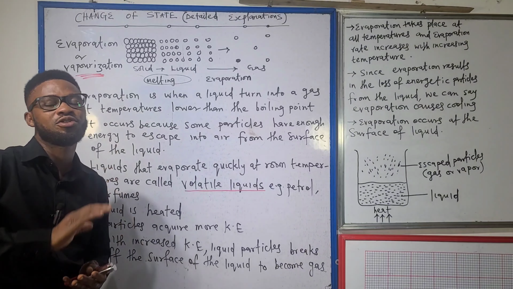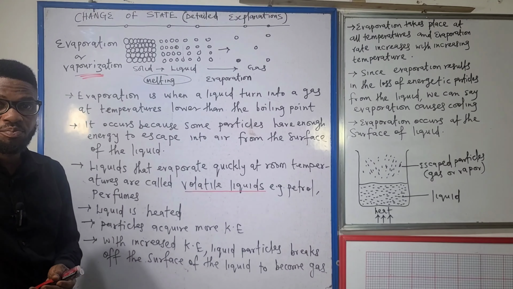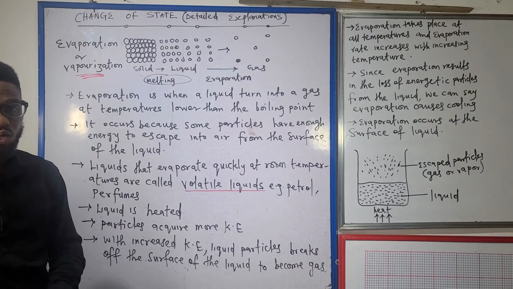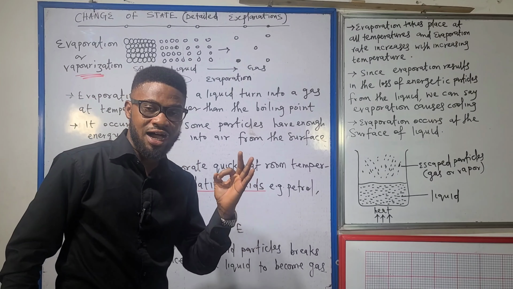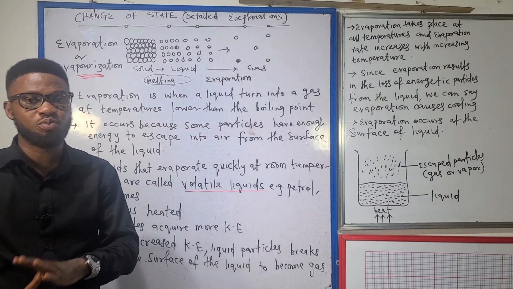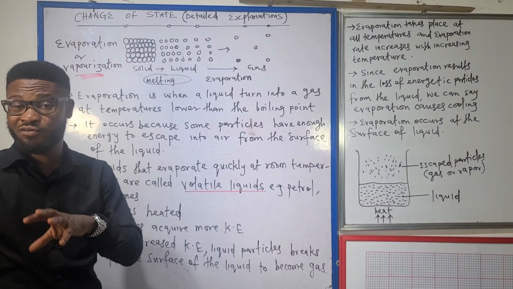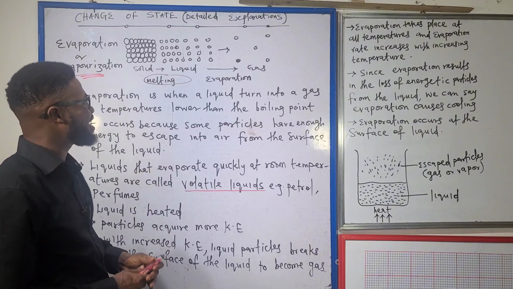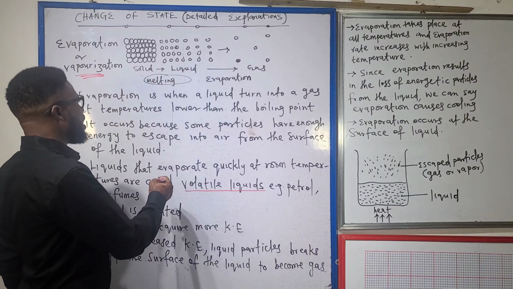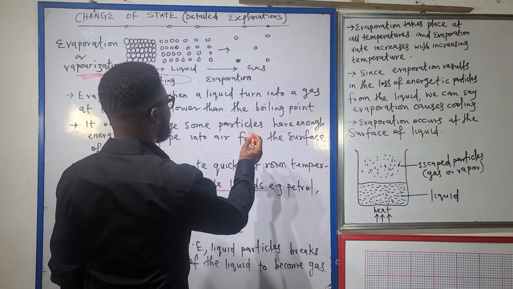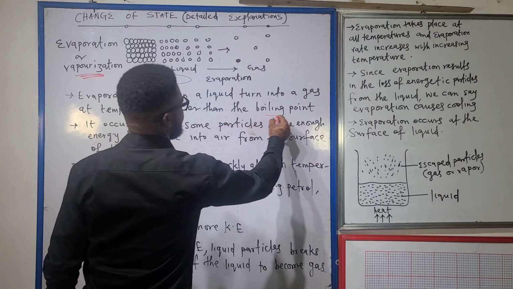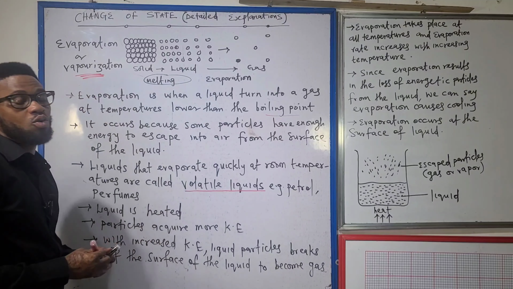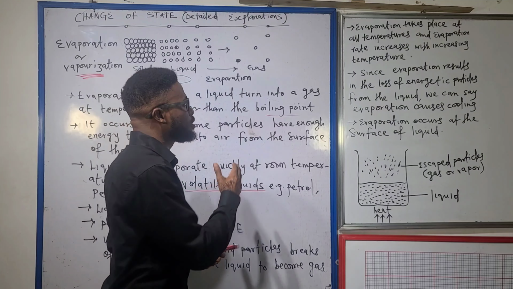If the liquid had not yet attained a boiling point, the process of liquid particles acquiring enough energy to break off the surface and become gas is called evaporation. Emphasis on when boiling point has not yet been attained. So when the temperature is lower than the boiling point, that is called evaporation.